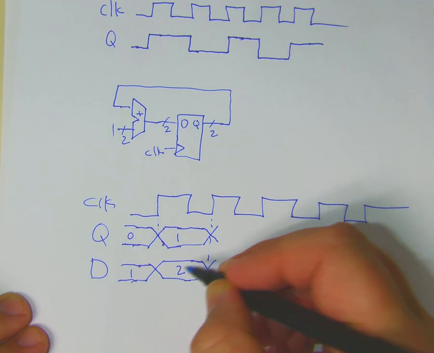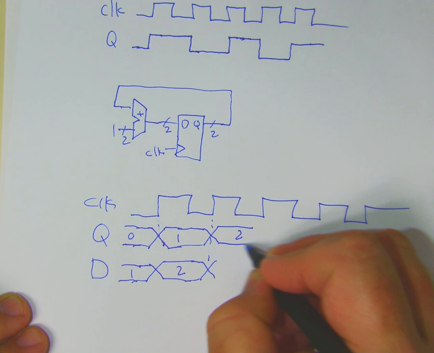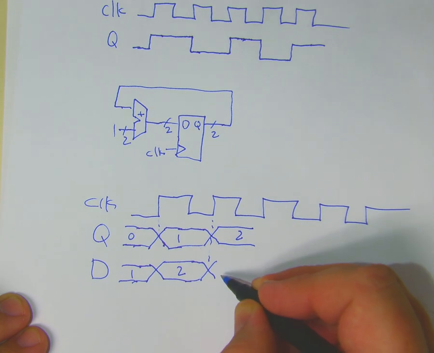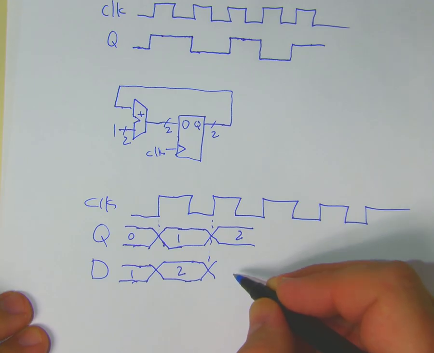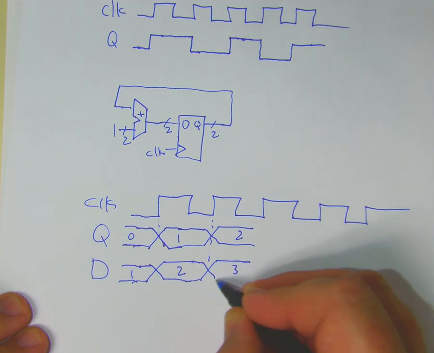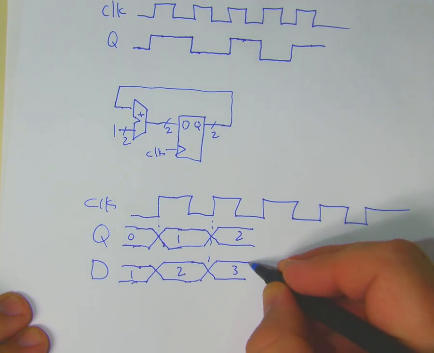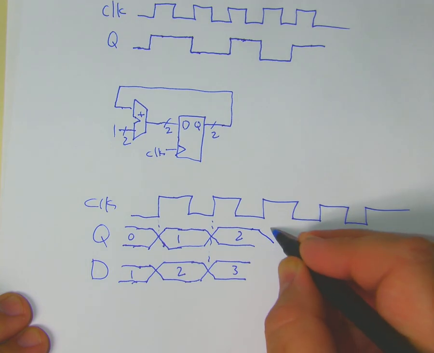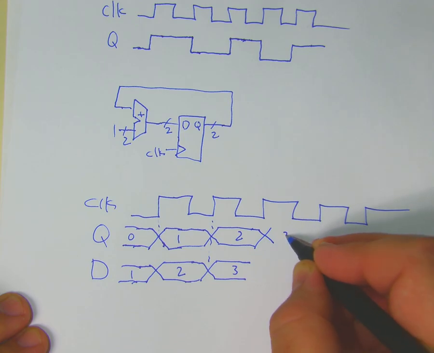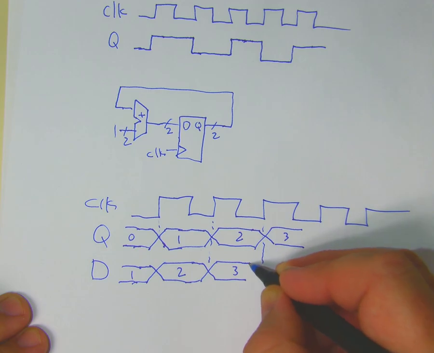At which point Q gets whatever's on D. And what happens to D? Okay, which is 3. Right. Positive edge of the clock. Q gets whatever's on D, so that means it goes to 3. And what happens to D?